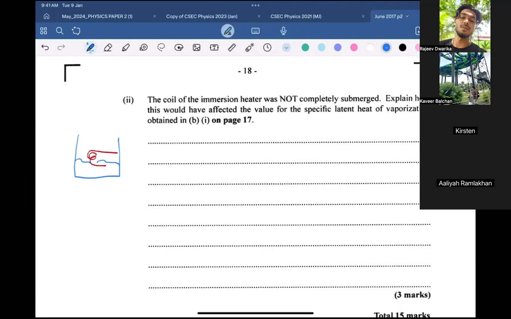Make a guess. Think about it logically. For water to be converted to steam, you need to heat it up. So less water. And if less water is being converted to steam, would our mass of steam be less or more?